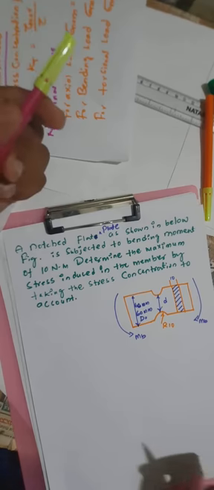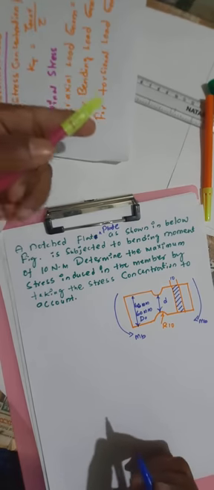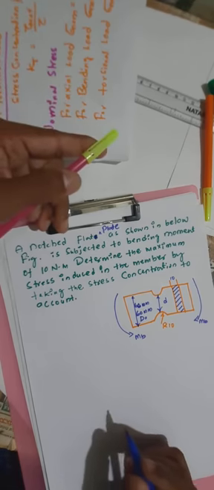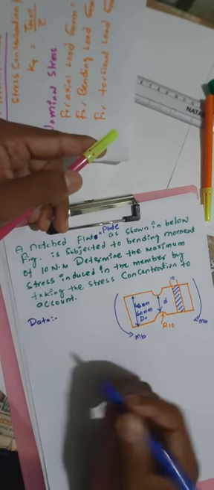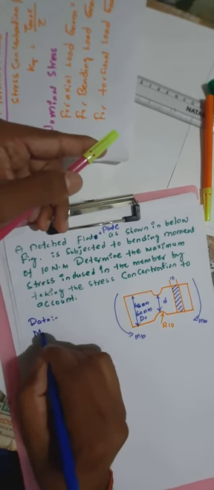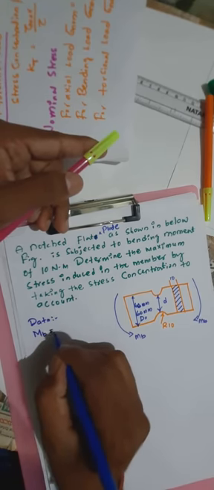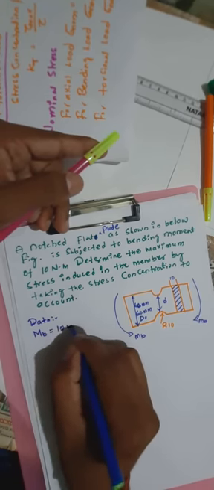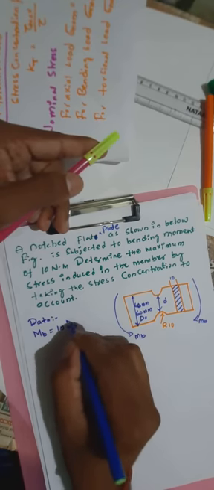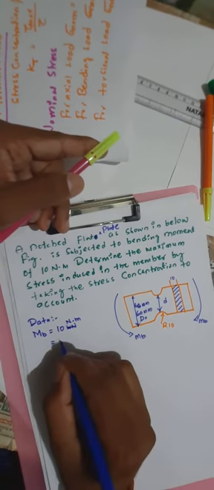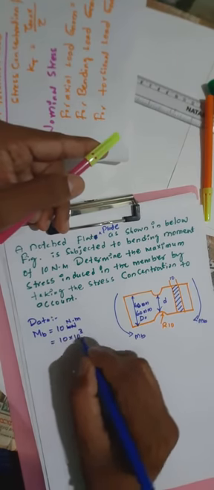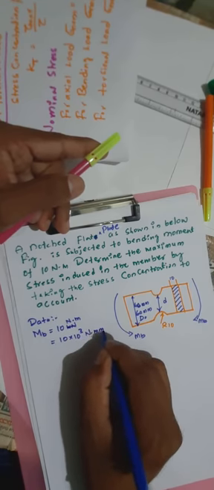Let us first note down the given data. The maximum bending moment MB is 10 Newton meter, which we can convert into Newton millimeter: 10 into 10 to the power 3 Newton millimeter.